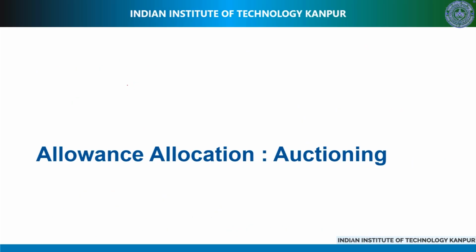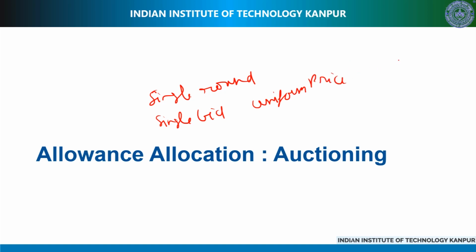In this video, we'll discuss the auction allowance method, that is, auctioning of allowances. In the EU-ETS, the use of auctioning has expanded over time. In fact, the large-scale EU-ETS auctions are held several times a week. These are what we call single round, single bid, uniform price, sealed bid auctions.